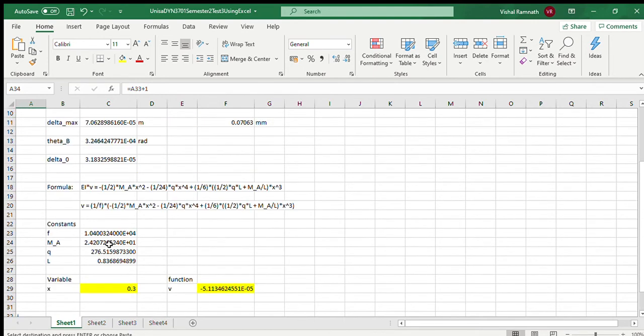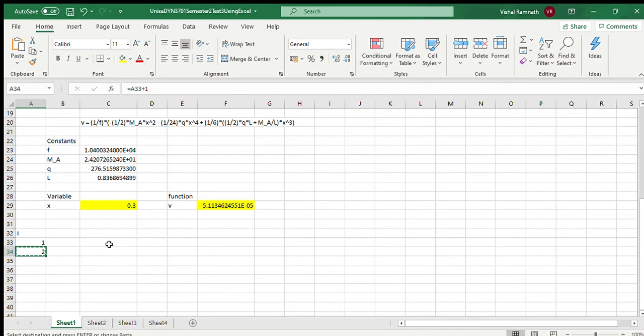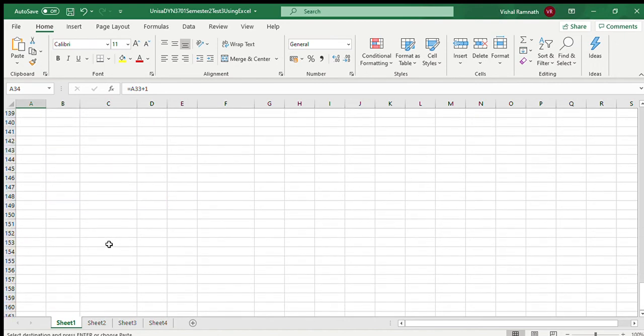So let's take 100 points or 200 points. Maybe let's take 200 points. Let's go to 250 if we can. Shift click, right click, paste.